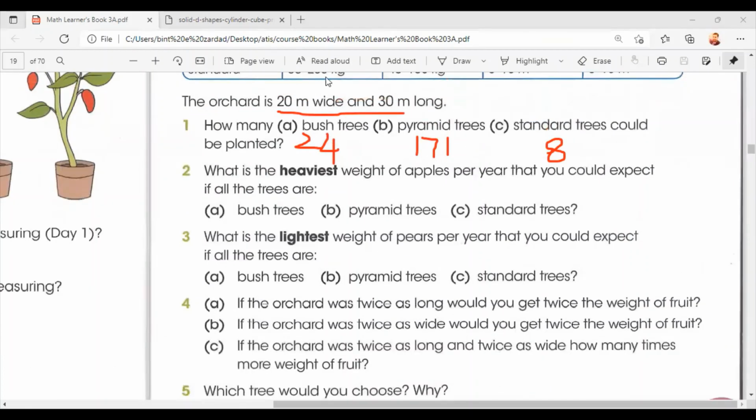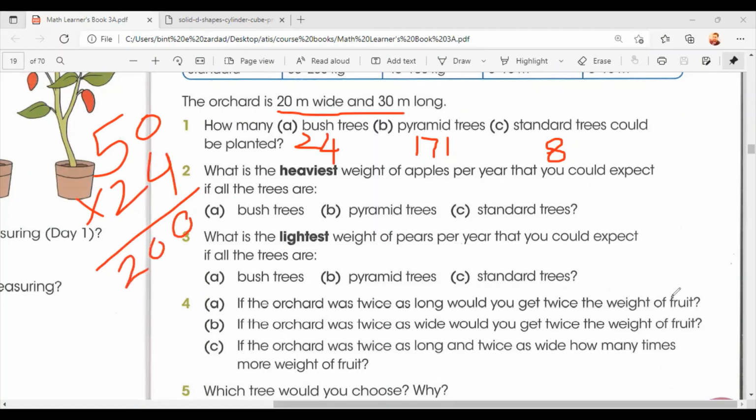50 multiplied by 24. So let's multiply 50 multiplied by 24. 4 multiplied by 0, 0, 4 multiplied by 5, 20, and 2 multiplied by 0, 0, 2 multiplied by 5, 10. So it's coming 1200. Yes, 1200.